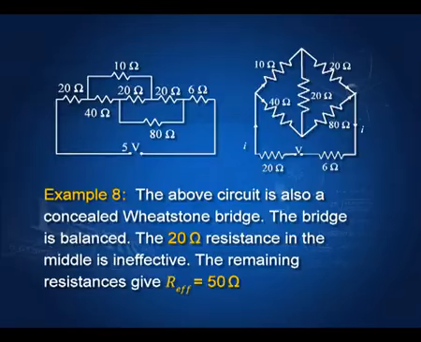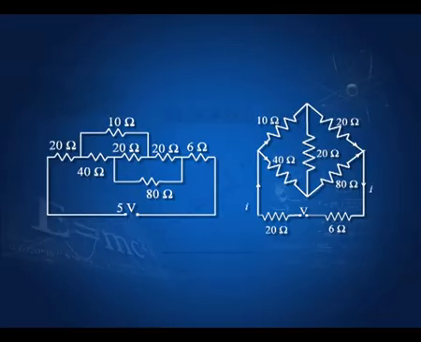Sometimes you will get a circuit like this, again looks complicated, but if you think for a moment, you will see that this is nothing but a Wheatstone bridge. You have this 10 ohm here, and this 20 ohm here, and this 20 ohm here, and this 40 ohm here, and 80 ohm here. So, we will have these, and these 2 are of course in series with the battery, and this is balanced. 10 by 20 is the same as 40 by 80.